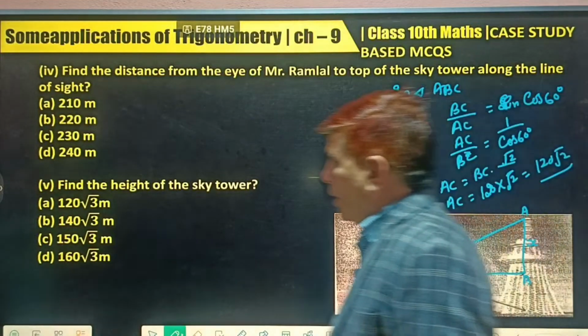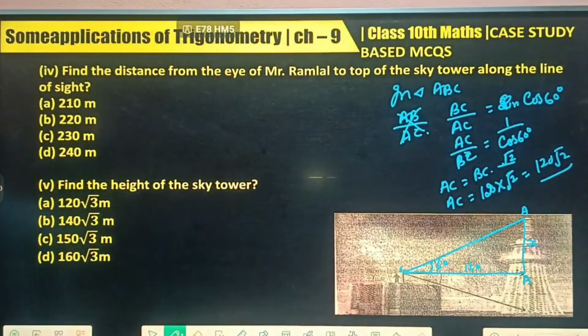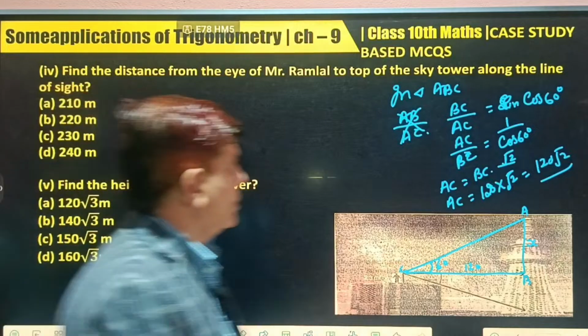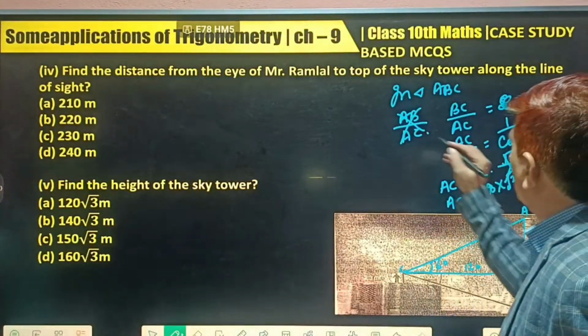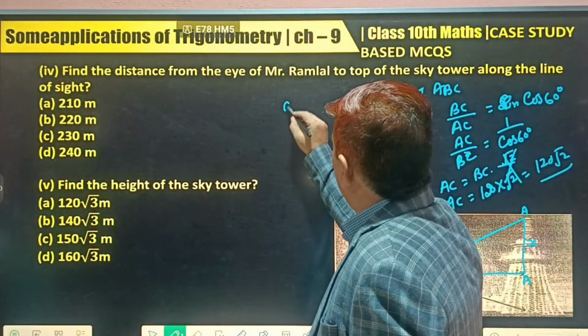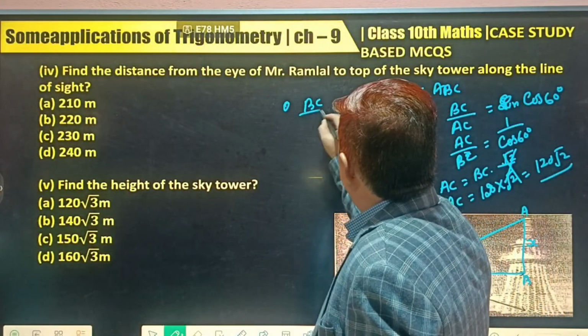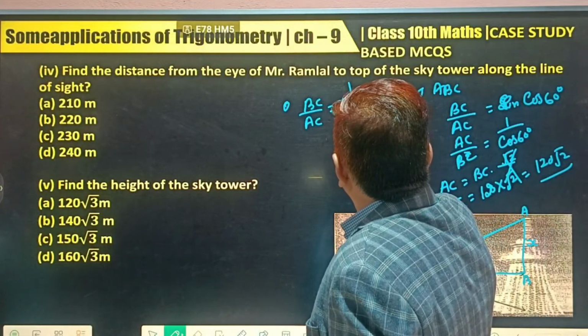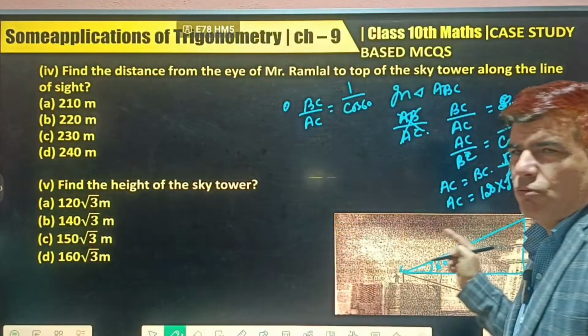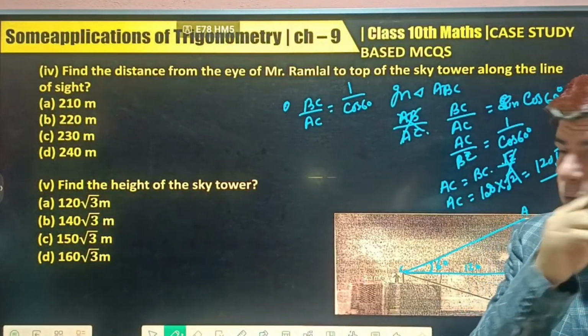So how can we find out? Just wait. This I have written wrong, beta. I have taken the value wrong. BC by AC is equal to 1 by cos 60. I have taken 1 by under root 2, but 1 by under root 2 is the value of cos 45 degree.